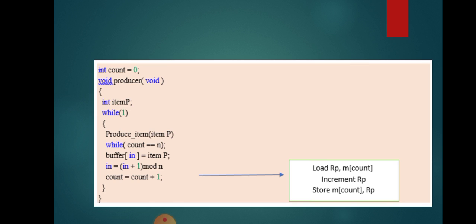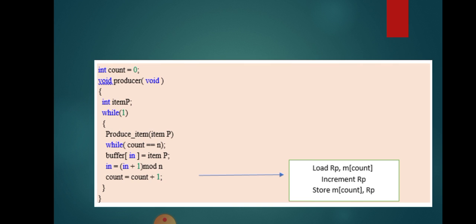Now, as I told you earlier, in the buffer we have to check whether the buffer is full or not. For the producer, if the buffer is already full, what is the condition for that? The condition is count is equal to n.